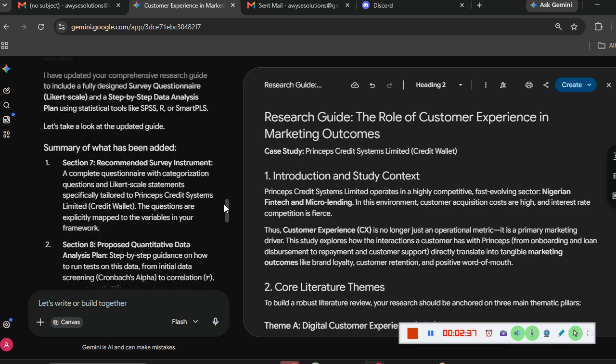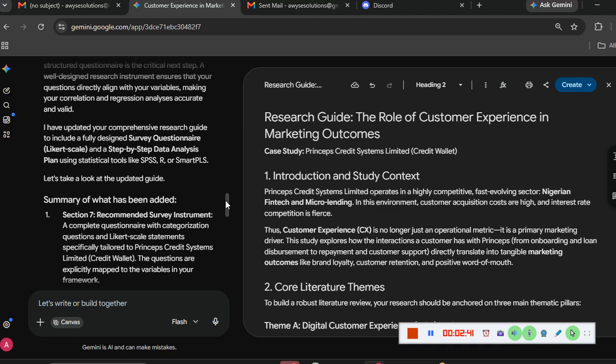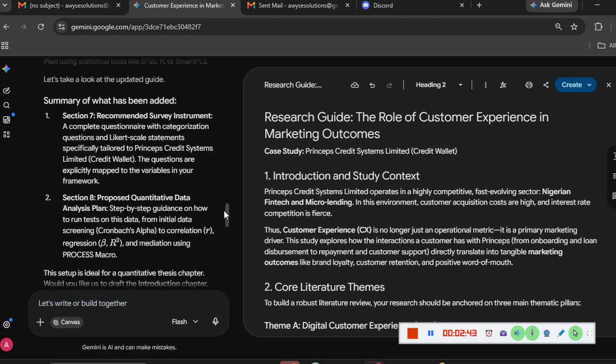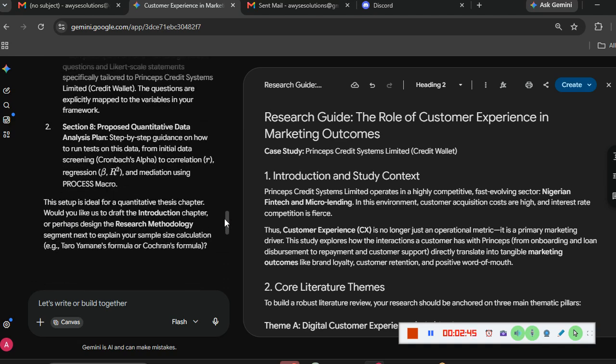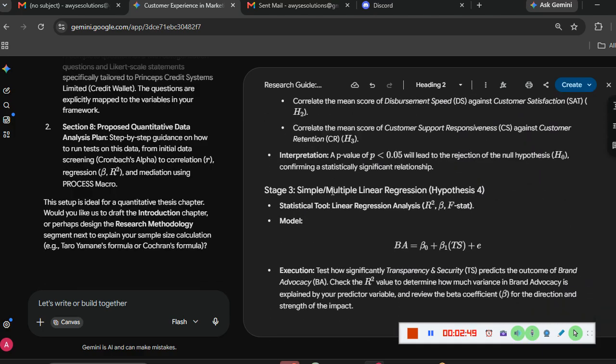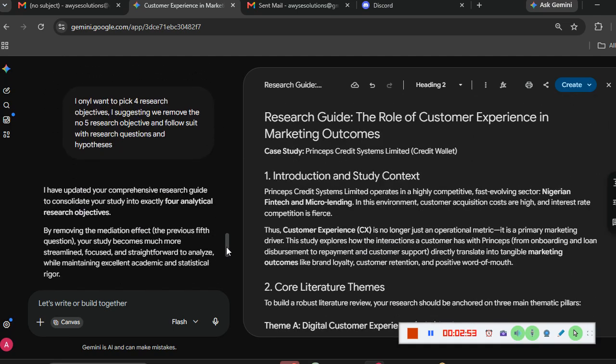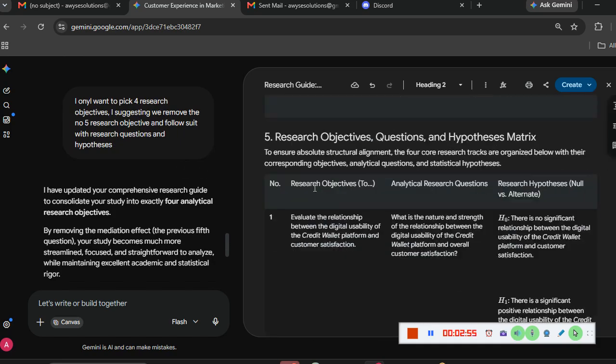So I said yes, I want to use Likert scale. Then it came up with something like this. This is not what it came up with initially, but it's the same thing.